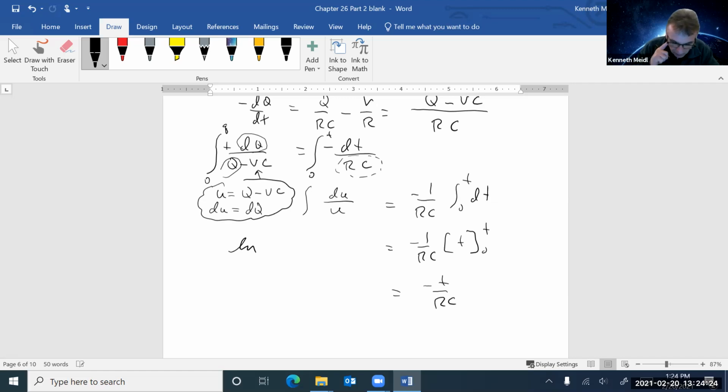But we do have these limits of integration here, so that's something you've got to keep in mind. I think what I'm going to do is write it like this, and then u is q minus c times v.